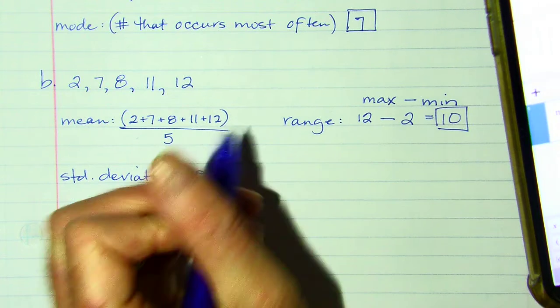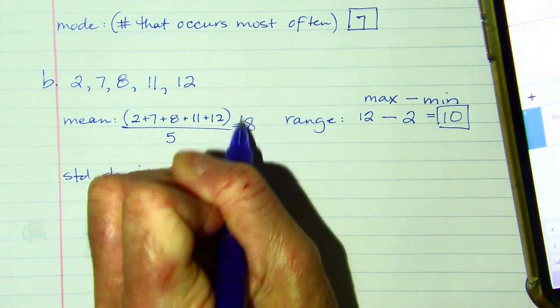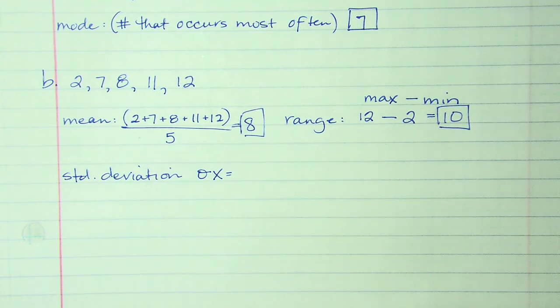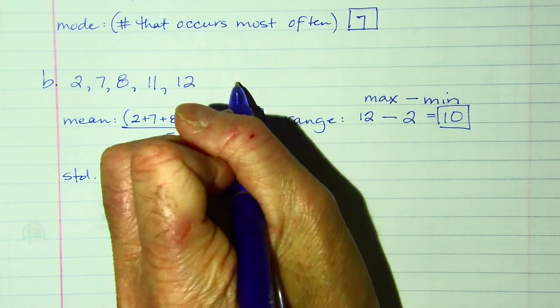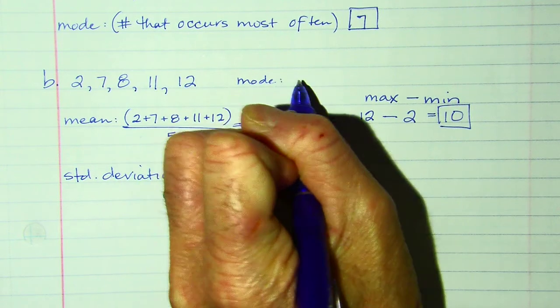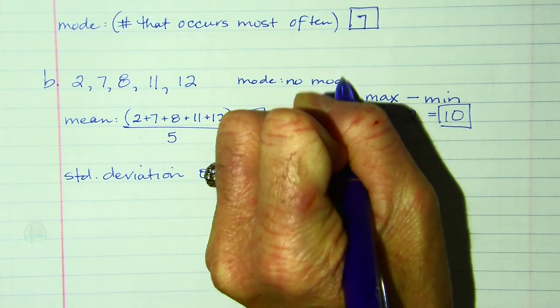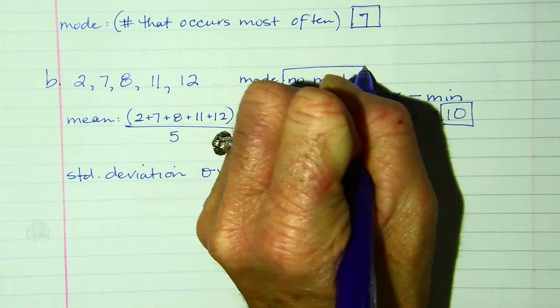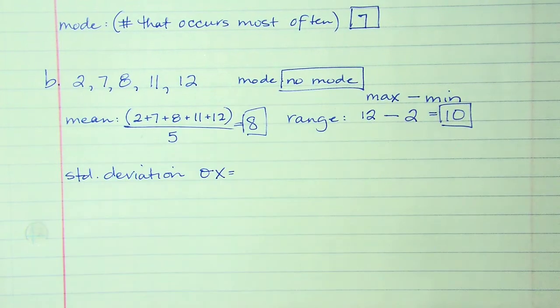If I use Desmos, I get 8. Now, if I was to ask you what the mode is, there is no mode because nothing repeats itself. Everything's listed once. So standard deviation, it gives you a formula in the book, but no one uses the formula. Everyone does it with a calculator.